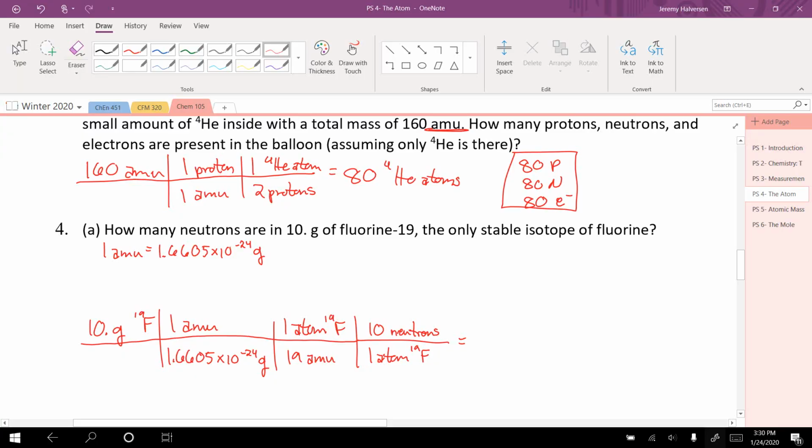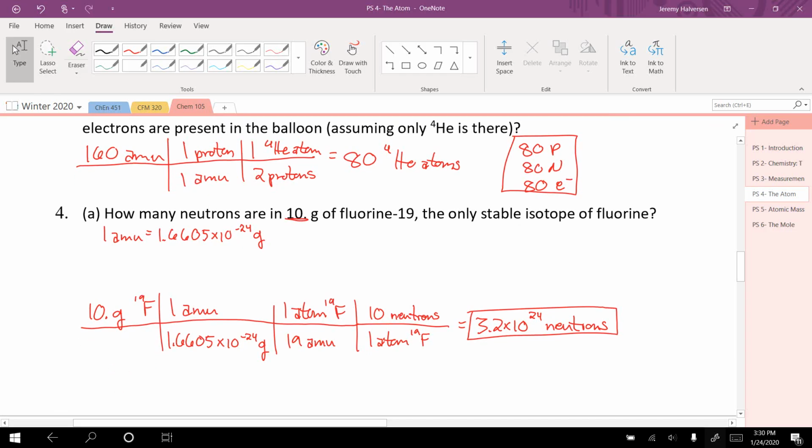That should give me the right answer. How many sig figs can I have? I can have 2, so I would get 3.2 times 10 to the 24 neutrons in 10 grams of fluorine-19.